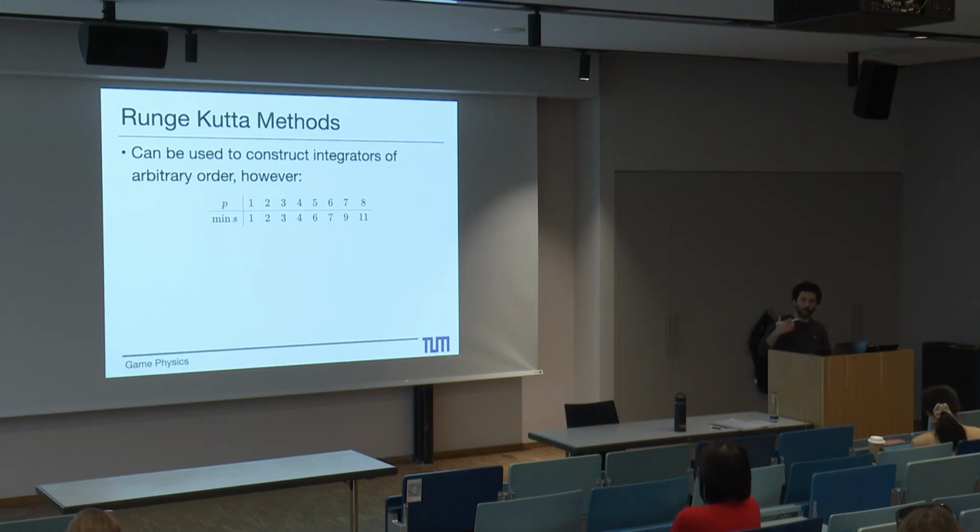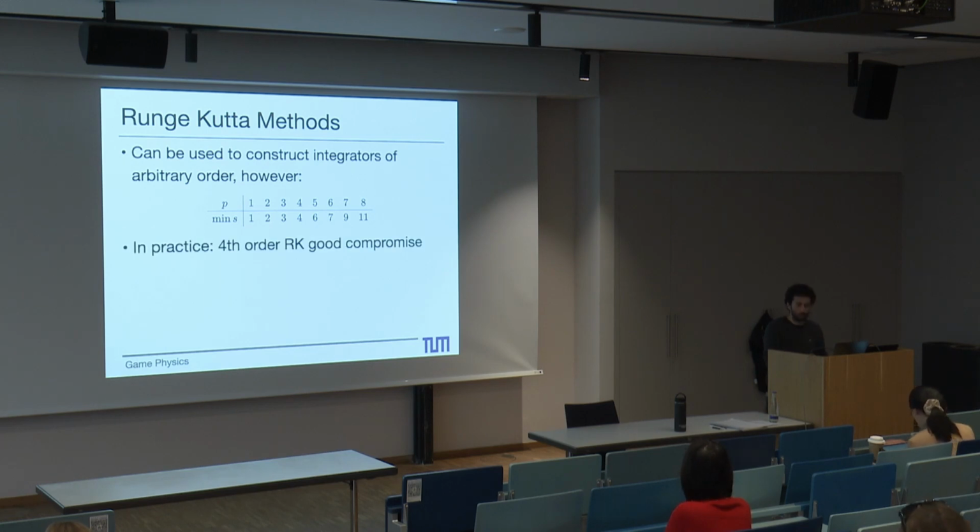We are not getting the same accuracy gain that we get from a Runge-Kutta method of the 4th order. So in that sense, Runge-Kutta of the 4th order represents to some extent a good trade-off between these two qualities of the computation. And in that sense, Runge-Kutta represents a relatively good compromise.